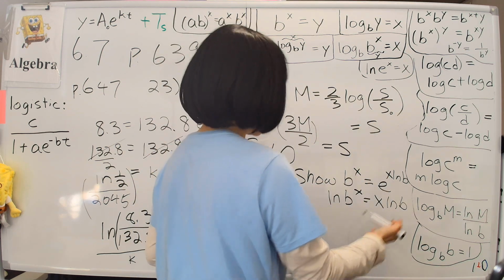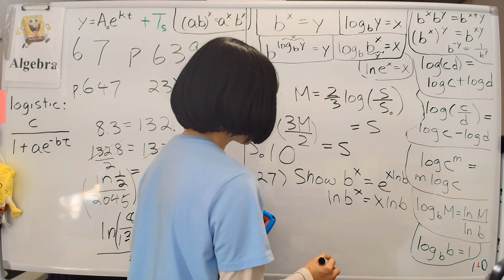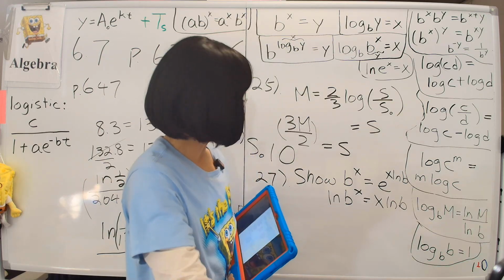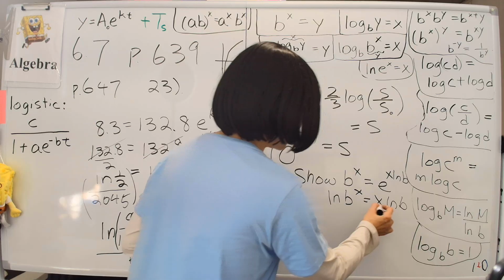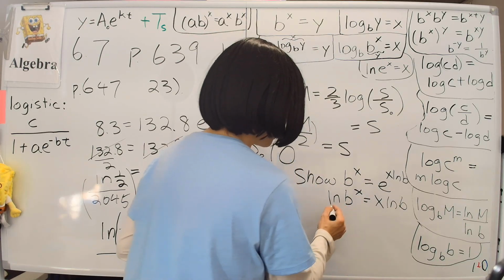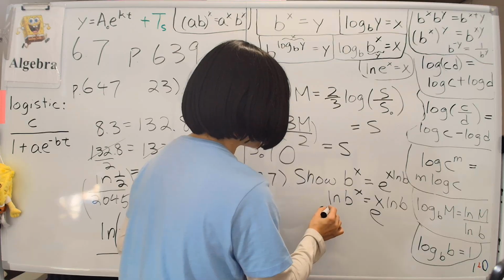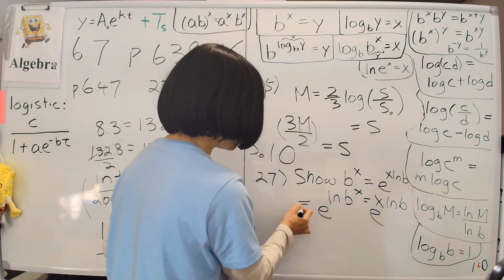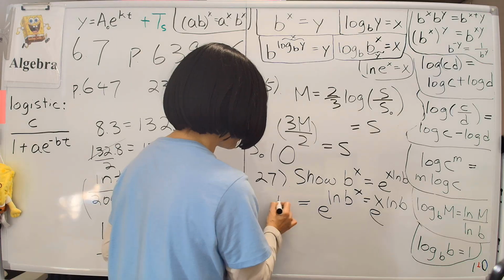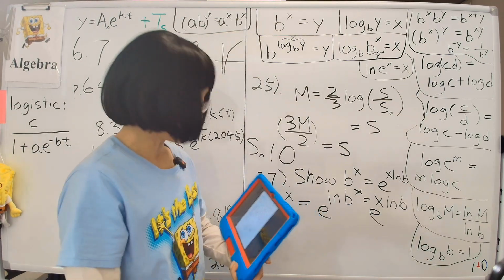Then the next step is we need to write down a giant e down here. This side looks just like that, and on this side, e and ln cancel out. It goes back to b to the power x. That's good enough. Let's look at the next problem.